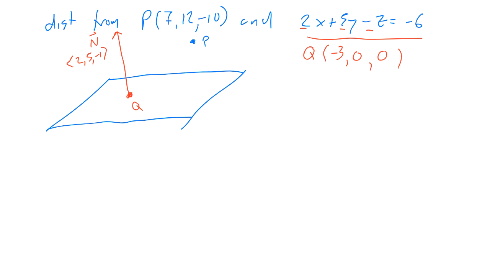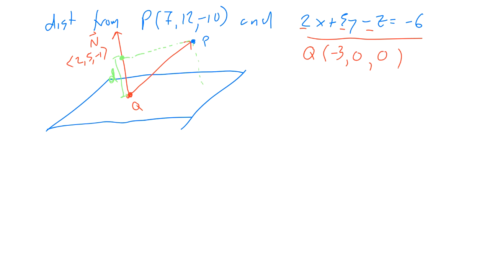If I then form the vector from Q to P, I can project QP onto N, and that length will be the distance from the point to the plane.